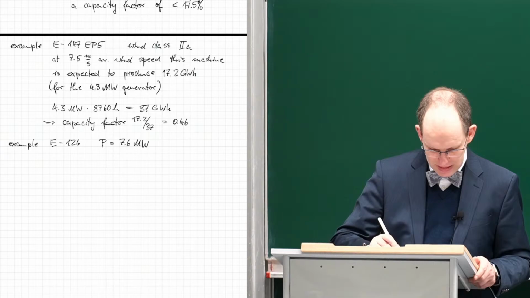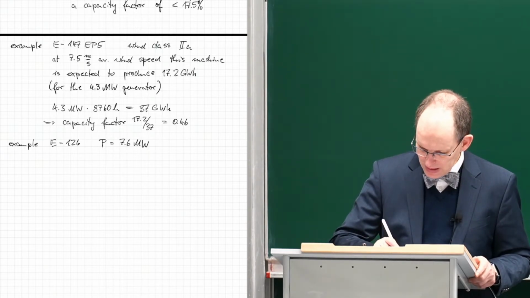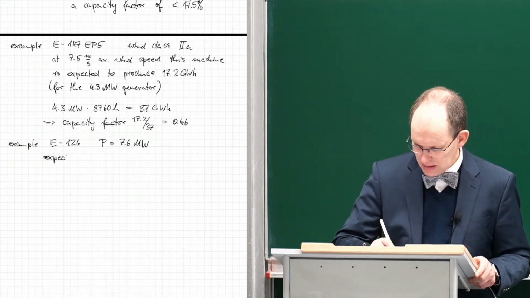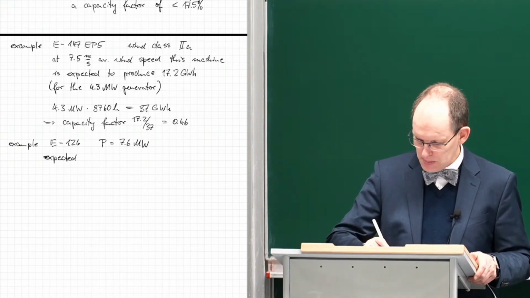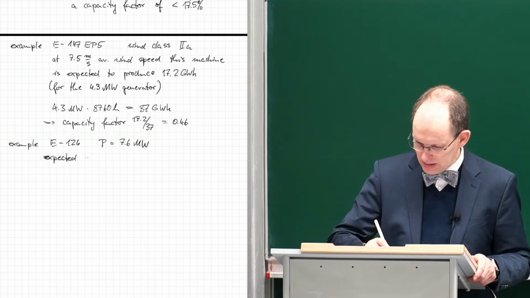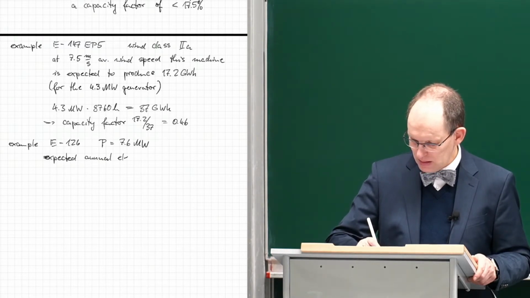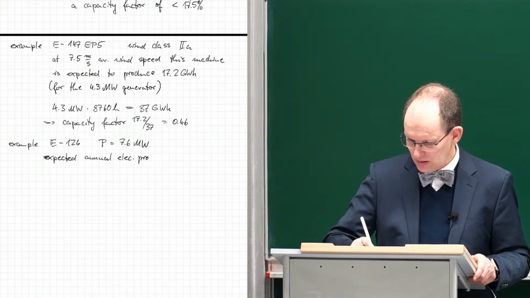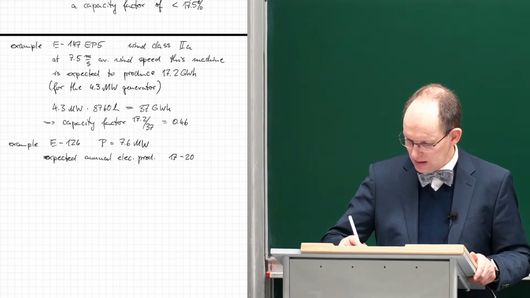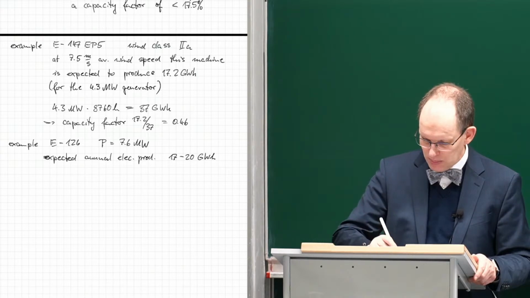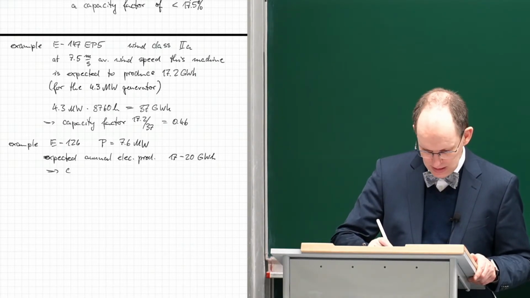And then the capacity factor. What they expect is an expected annual electricity production of 17 to 20 gigawatt hours. And then the capacity factor is less than 30%.